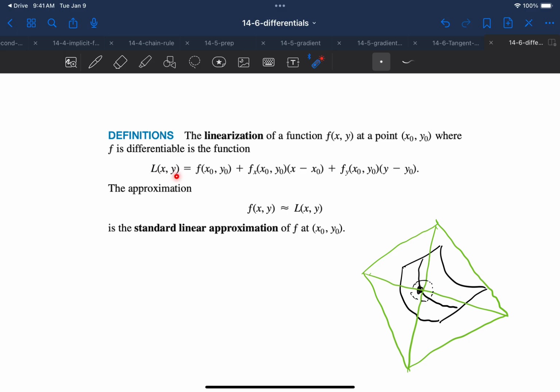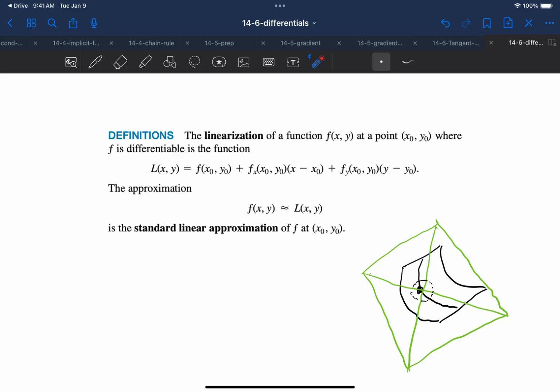So L(x,y) is going to equal your original position f(x0, y0), plus the change due to x and the change due to y, so this and this. So this gives the linearization.